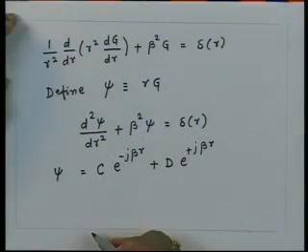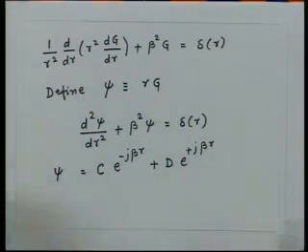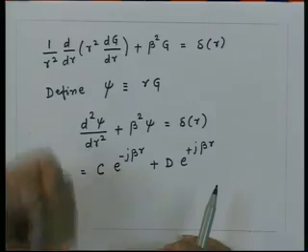Before getting into that, however, these two terms essentially represent travelling waves in the direction of r, and r is always positive in the spherical coordinate system. The source is located at r equal to 0.